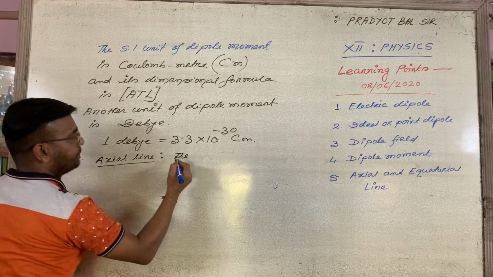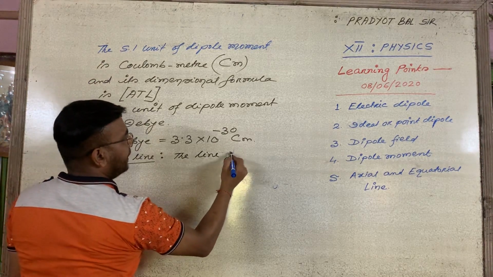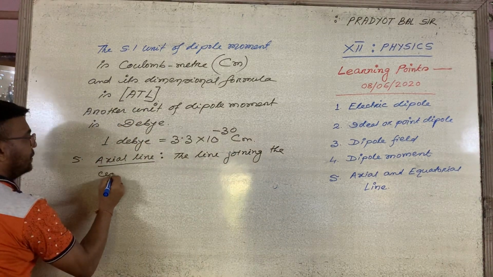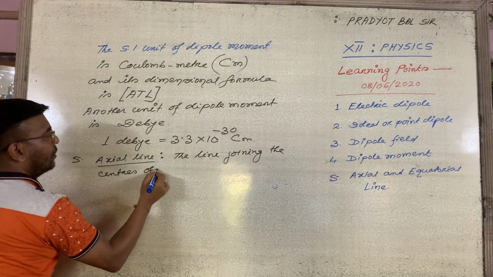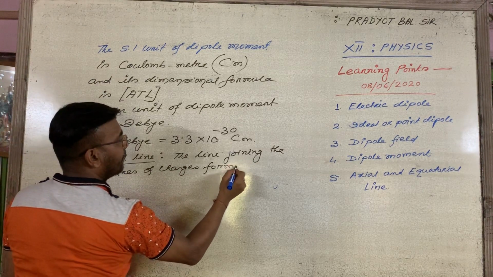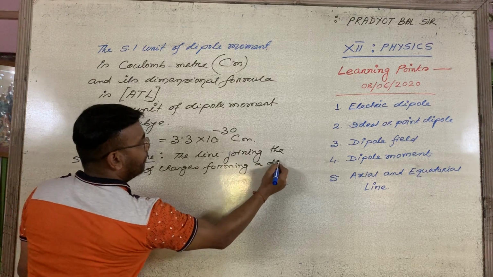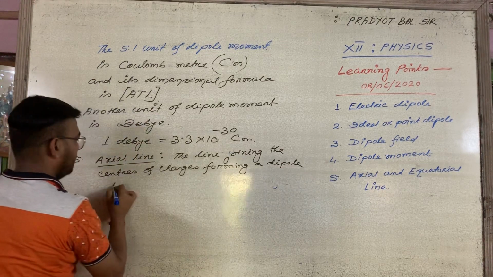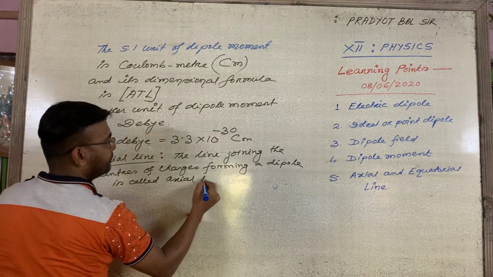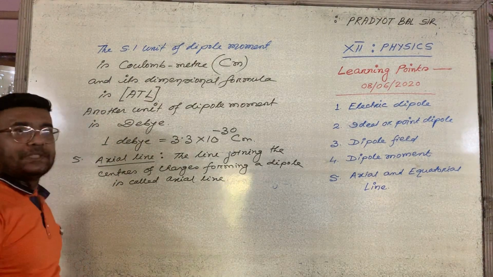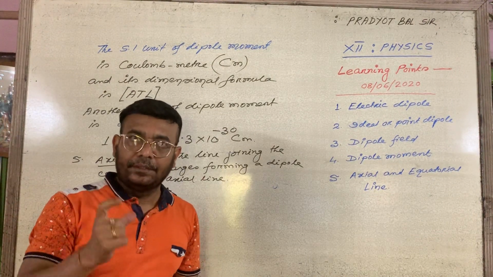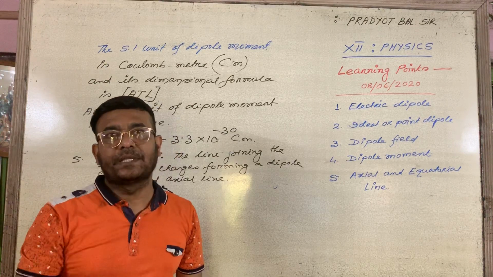The line joining the centers of charges forming a dipole is called axial line. So you should not be puzzled. Axial line or dipole axis means the same thing.